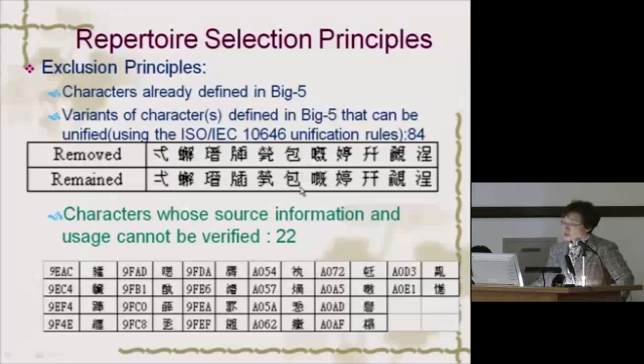Okay, so we went through this formal process. There are also some characters in the original GCCS government collection, but we cannot find their source, so they are not verifiable characters. So at the end, after the discussion with experts, those characters are officially being removed from the published HKSCS.